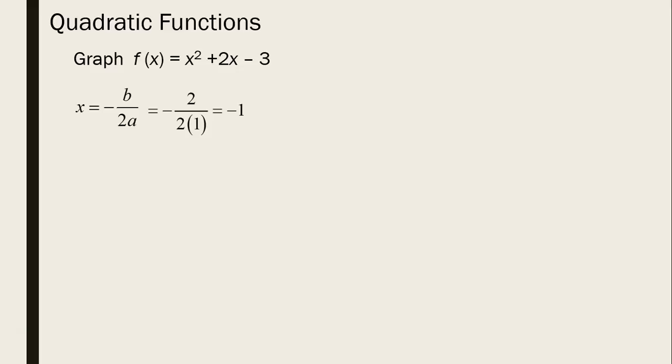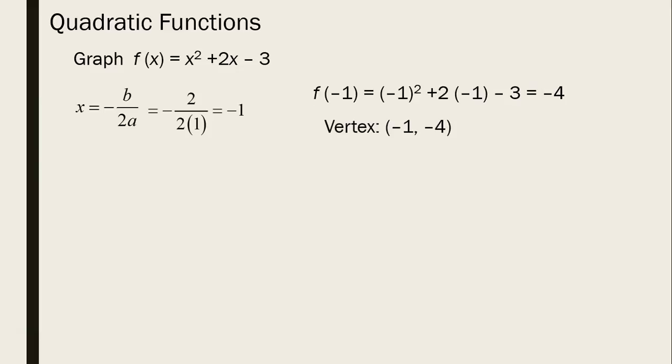The vertex is on that line of symmetry, so the vertex has an x coordinate of negative 1. To find the y coordinate to go along with that x coordinate, we'll go back to our idea of input-output. We'll use negative 1 as our input into our f function, which leads us to an output of negative 4. So our vertex is at negative 1, negative 4.